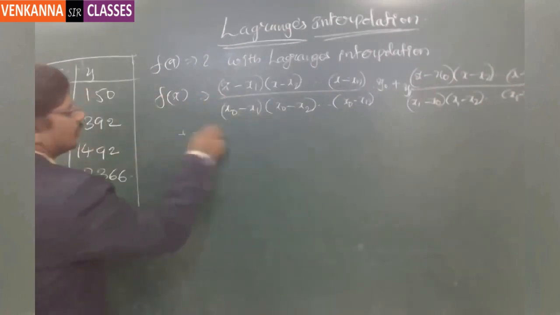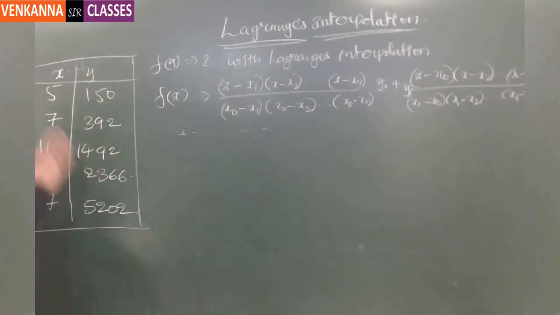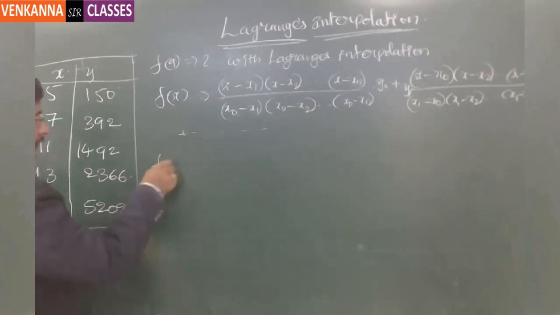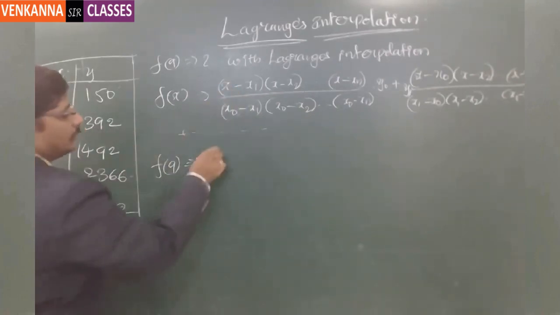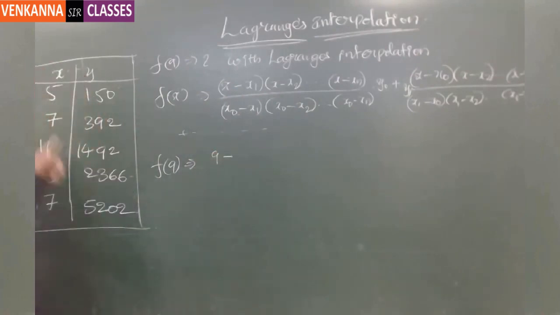So like this you can express it. Now for this data points, if you substitute here, f of 9 can be expressed as, instead of x it is 9. So 9 minus x1 is 7.